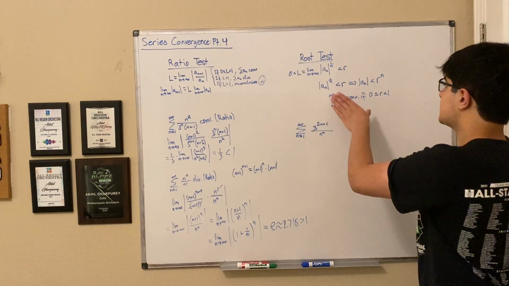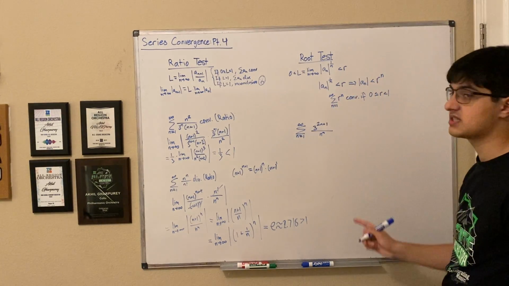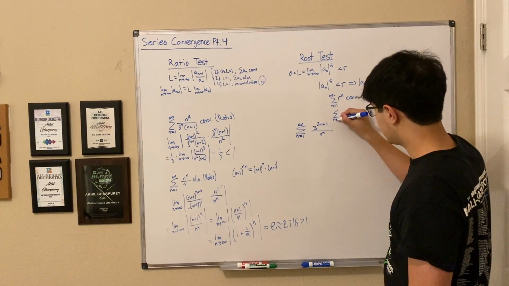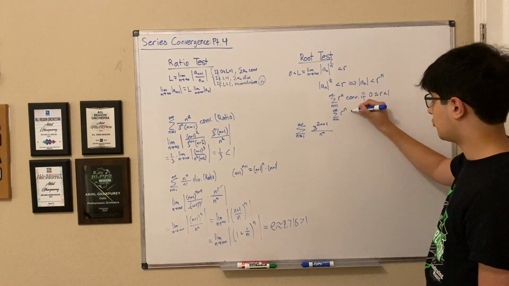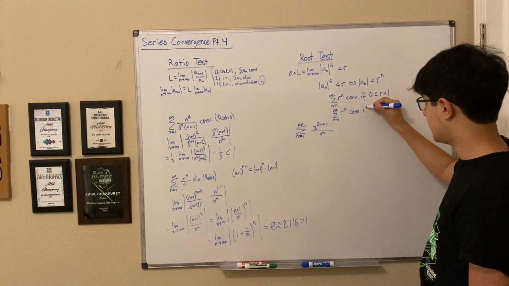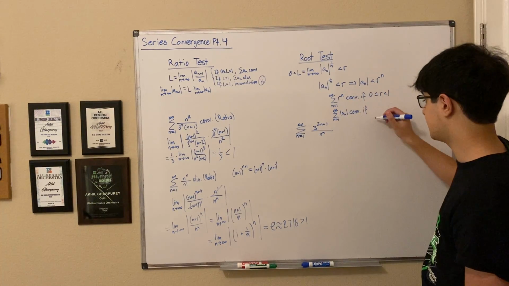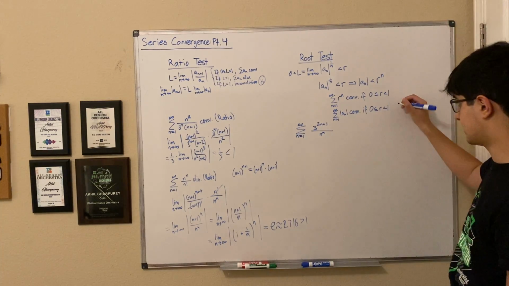So, if this series converges, we know that this sequence a sub n is less than r to the n. So by the direct comparison test, the series from 1 to infinity of the absolute value of a sub n also converges if, again, 0 is less than or equal to r less than 1.